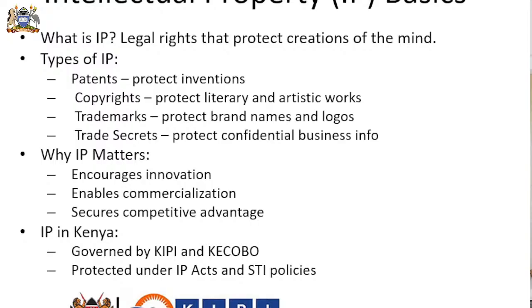So what types of intellectual property do we have? We have patents, copyrights, trademarks, and trade secrets. If you don't want to patent your idea and you believe other people will never know what that idea is, you may keep it as a trade secret. For example, Coca-Cola is not patented.